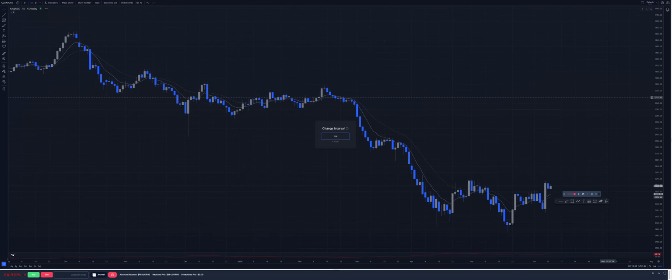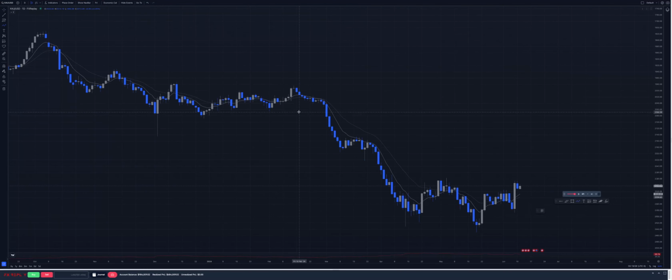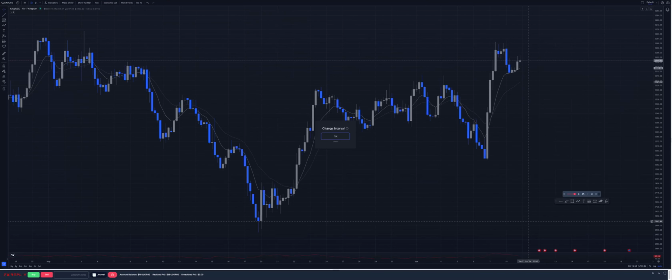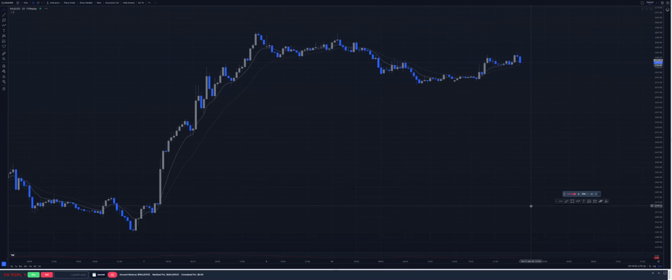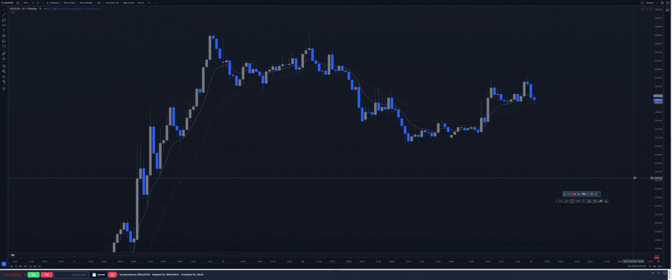4 hour, good. Not really paying attention to the daily right now. Daily's telling us a completely different story, and that's okay. However, the 4 hour is still building. Hourly is building, so we're going to wait for 20-minute validations here.